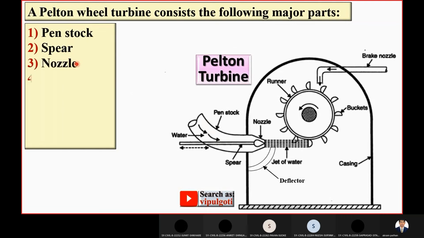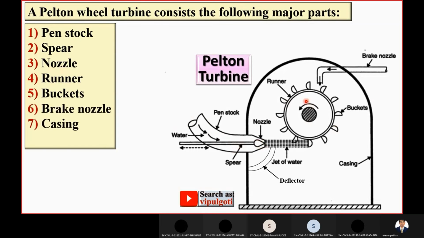A Pelton wheel turbine consists of the following major parts. What are the various component parts? If you see here: penstock, spear, nozzle, runner, bucket, braking nozzle, then we have a casing and deflectors. These are the different component parts of the Pelton wheel turbine.